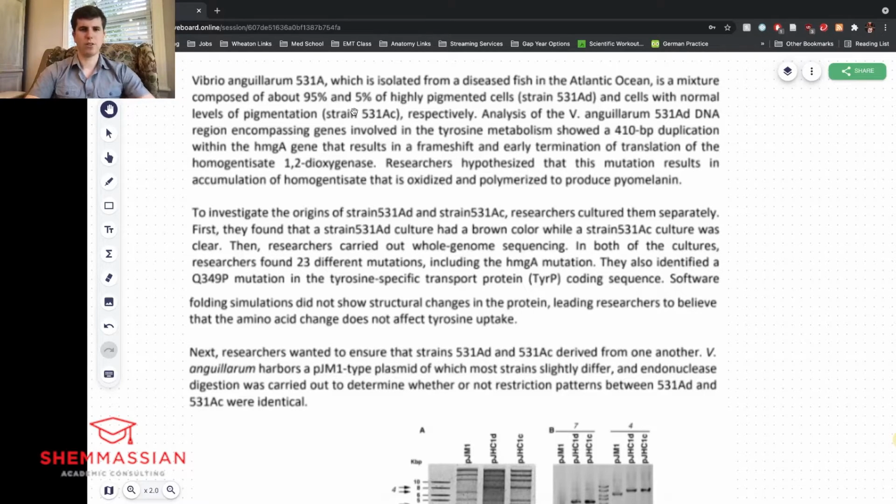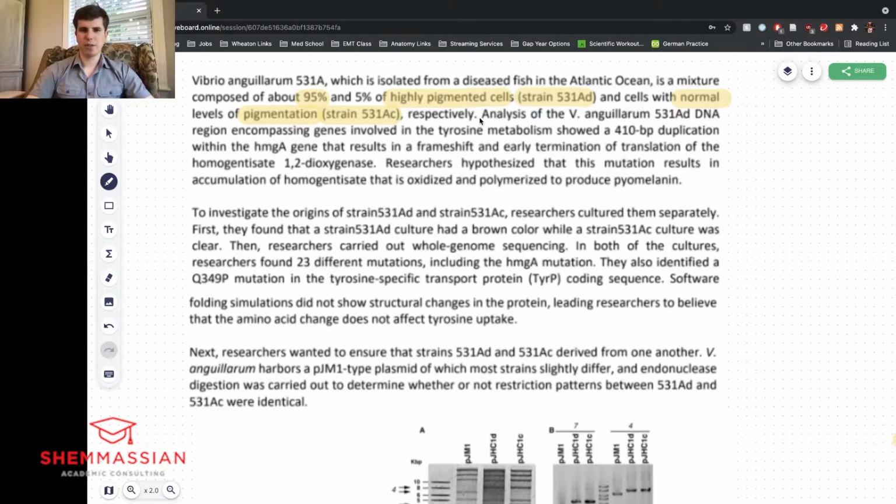Okay, so we have highly pigmented cells, which is 531AD, and then normal pigmentation, which is 531AC. So we're kind of getting set up. I remember one of the questions asking me about this, so I'm going to pay attention to it: highly pigmented shows up 95% of the time. I'm not sure if that's important yet, but that's what we're looking at here.